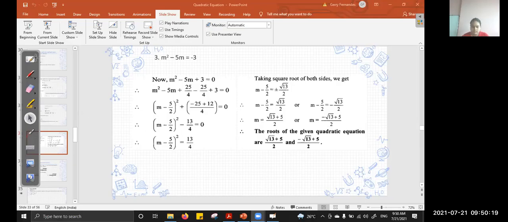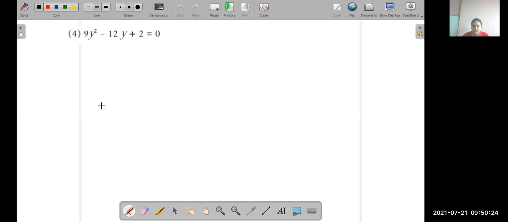So now we can move to the fourth one. So the fourth one, if you see, it is 9y squared minus 12y plus 2 equal to 0. So divide the entire equation by 9.